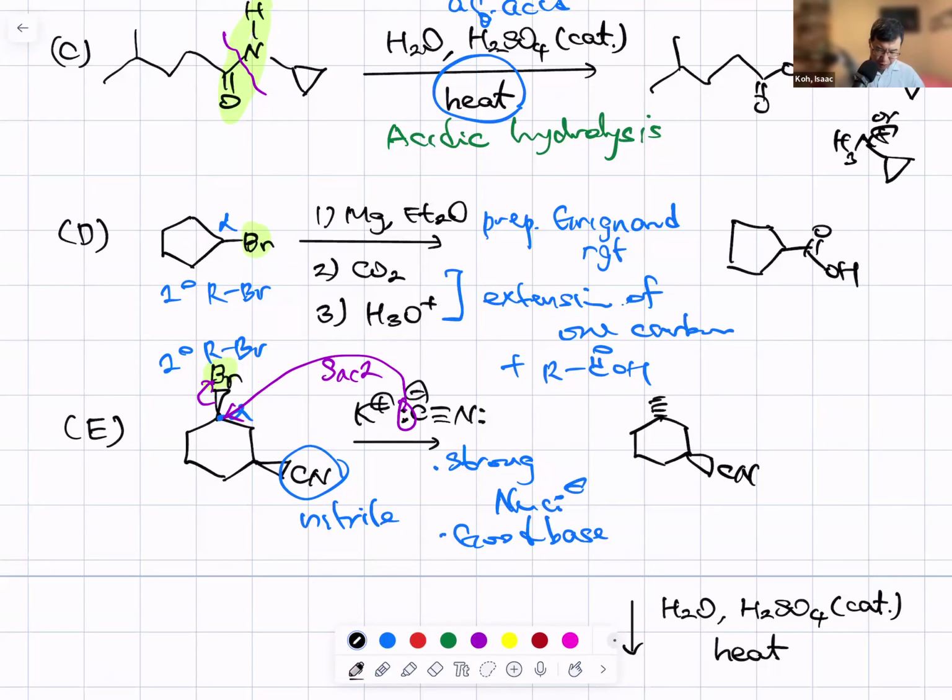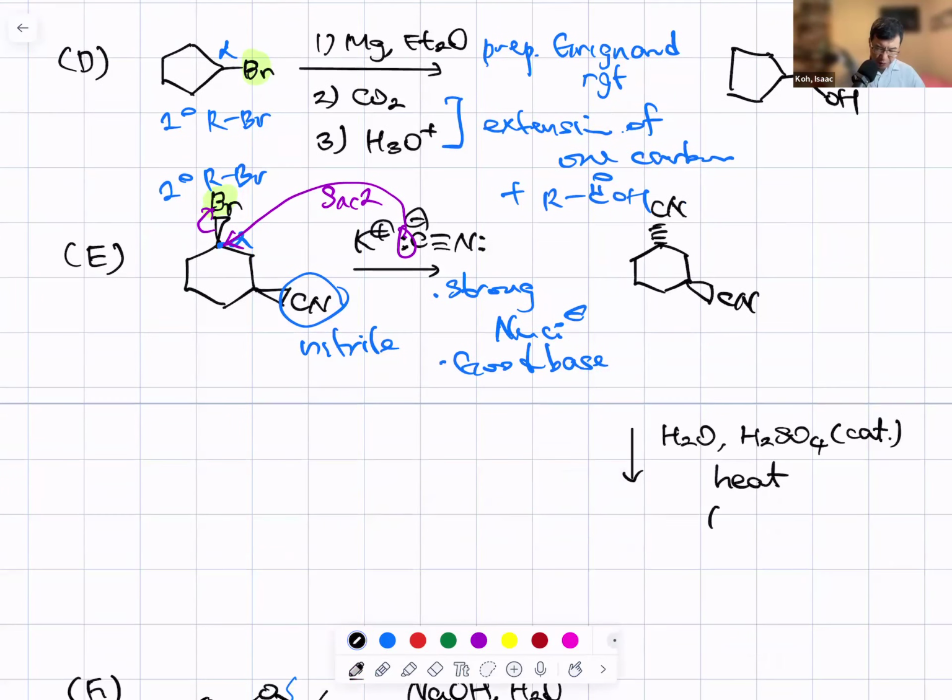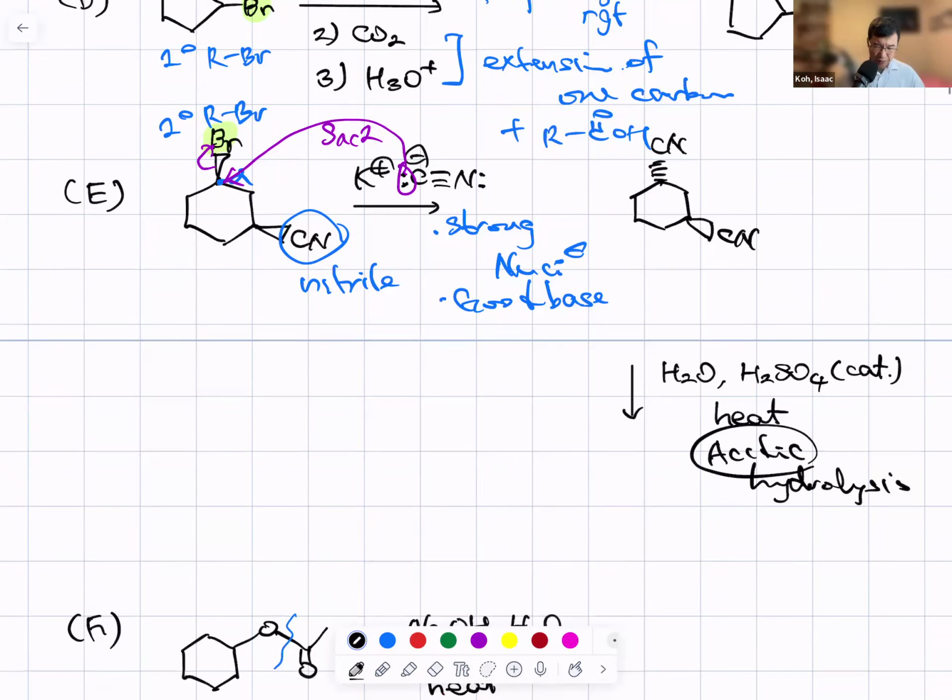And here, because it's SN2, it is flipped. So the up position is changed into the down position, this way. And this condition is acidic hydrolysis: water and acidic condition and heat. So the nitrile will first be converted into an amide. The amide is finally converted to carboxylic acid.